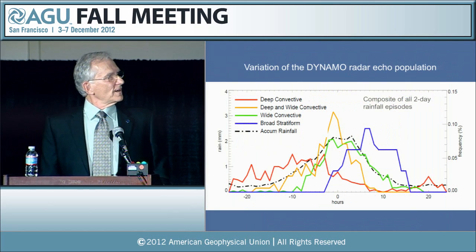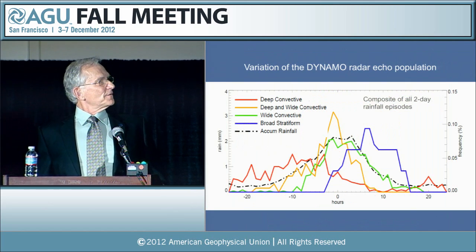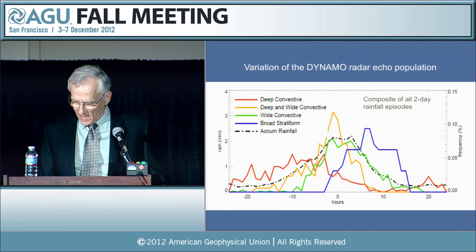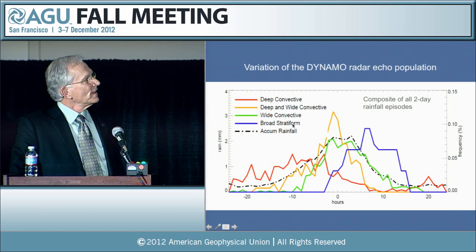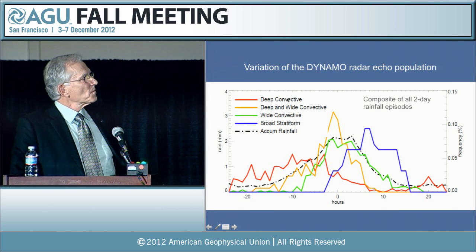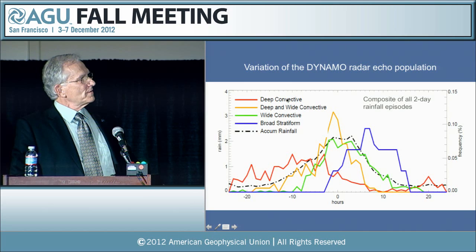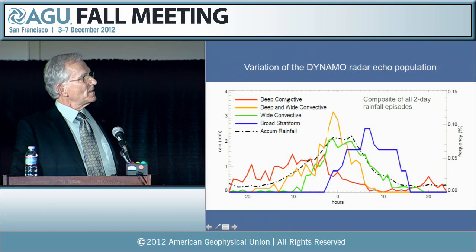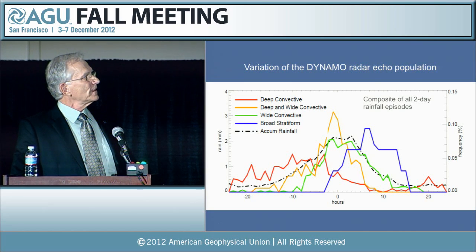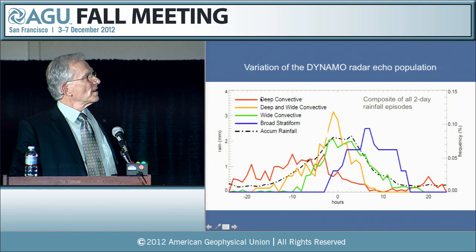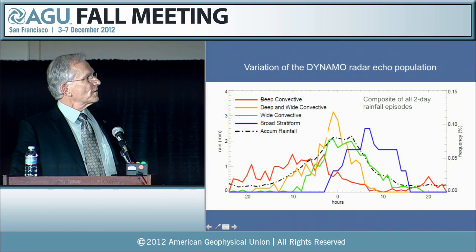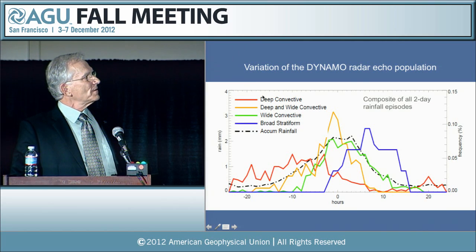So what we did with the radar data is objectively identify three different categories of echo. I don't know if I can point very easily here. The deep convective are areas where you have very intense convection, defined by a reflectivity threshold that shows when convective cells are extending above 8 kilometers.